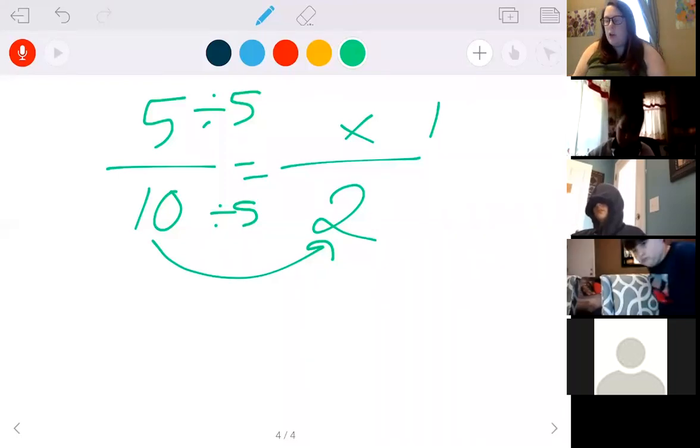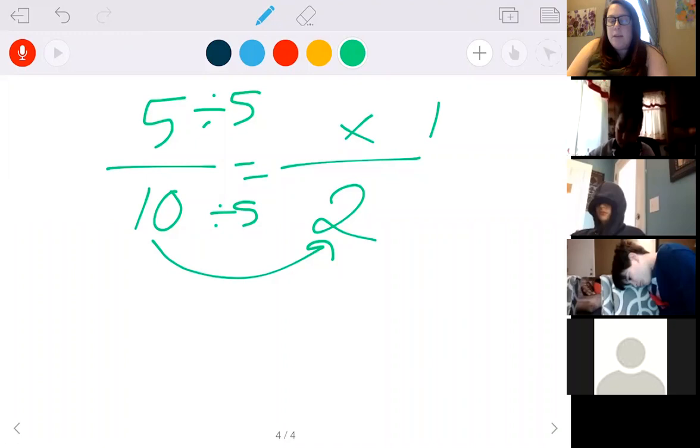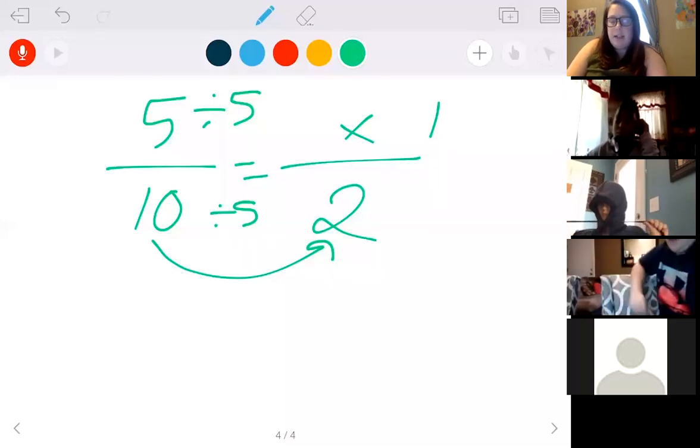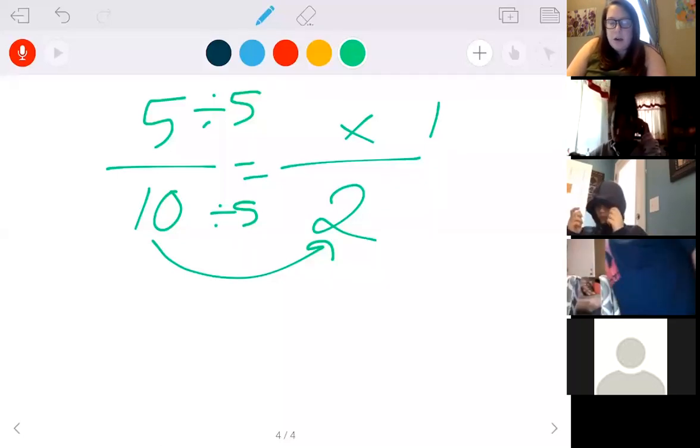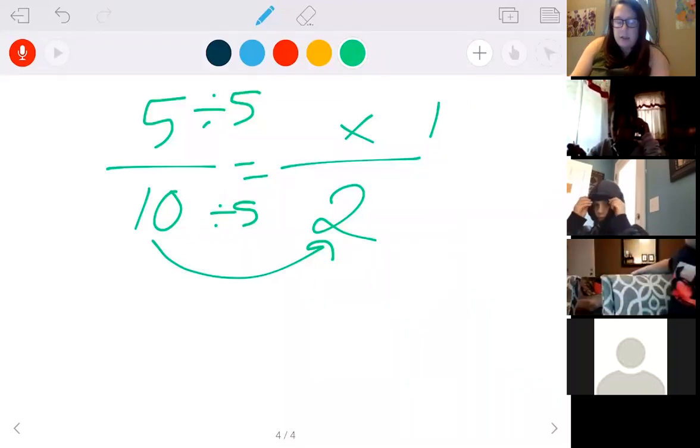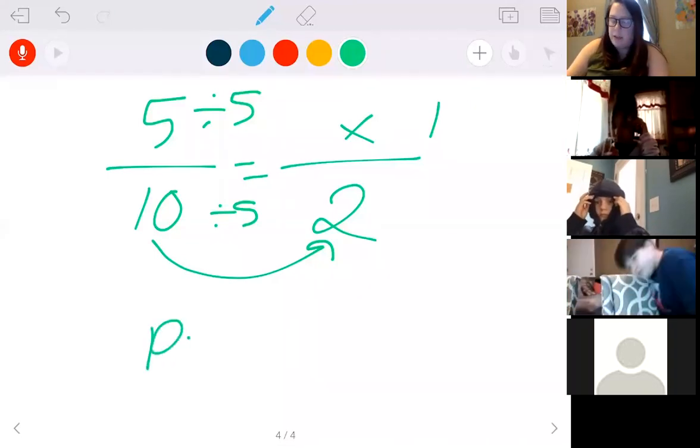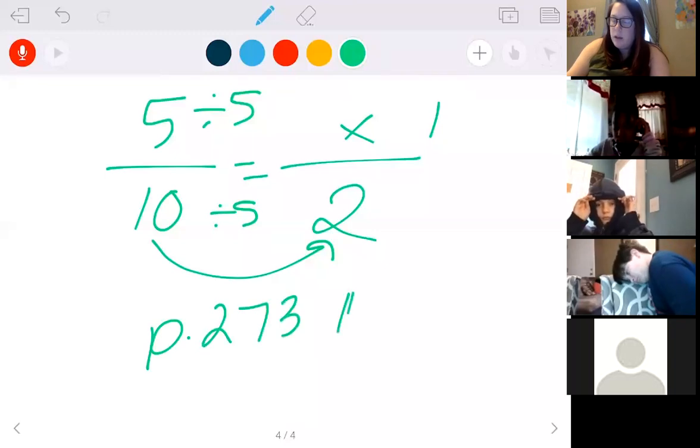I'm going to unlock your math. Make sure that if it's getting bigger at the bottom, you multiply. If it's getting smaller, like what's on your screen, then you need to divide to get there. And I'm here if you guys have any questions. All right. It's unlocked. You're going to be doing page 273, 1 through 5.